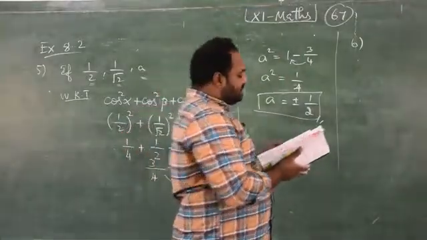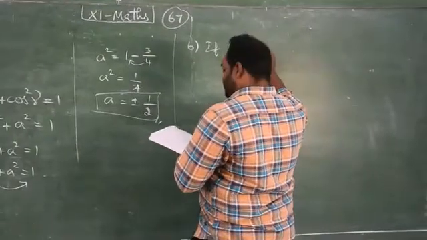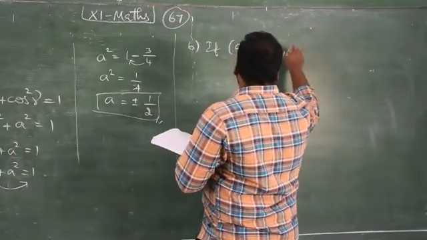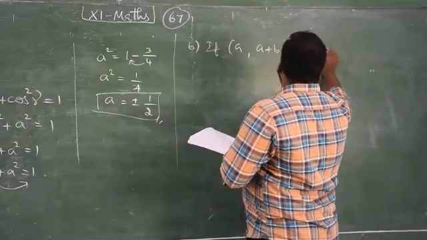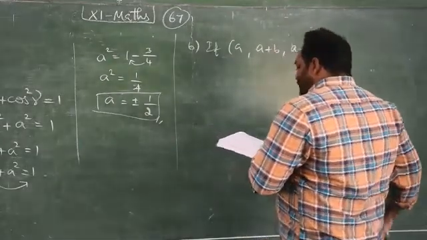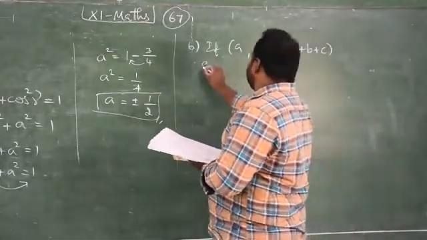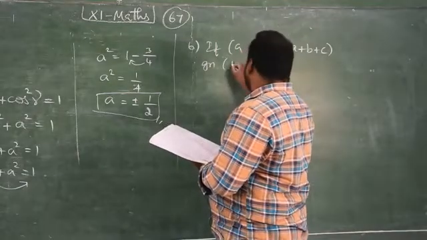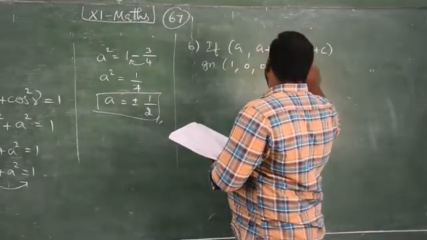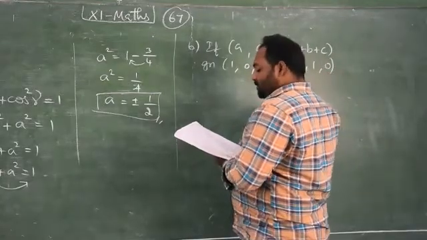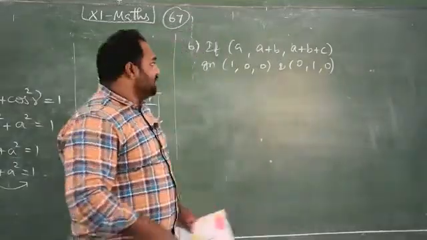The problem is: if a, a plus b, a plus b plus c is one set of direction ratios of the joining line, also given points 1, 0, 0 and 0, 1, 0, then find a set of values a, b, c.